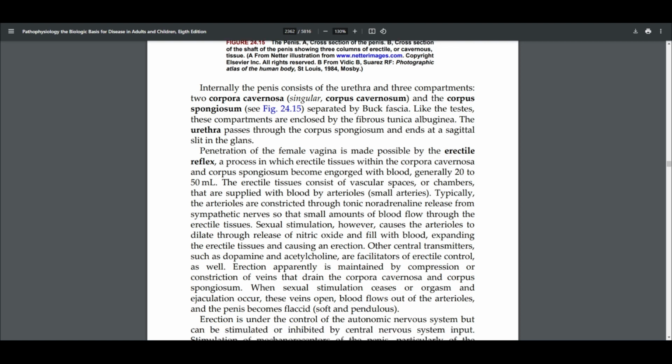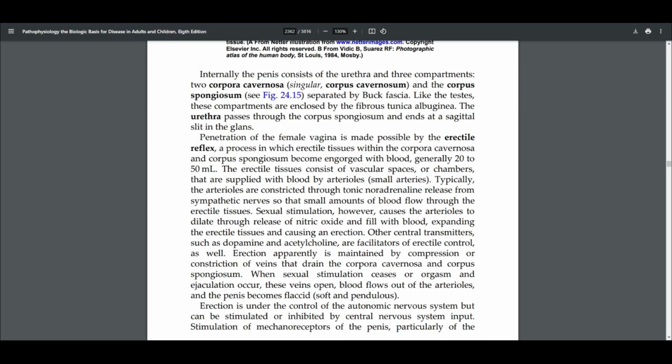Typically, arterioles are constricted through tonic noradrenaline release from the sympathetic nerves, so that small amounts of blood flow through the erectile tissue. Sexual stimulation, however, causes the arterioles to dilate through release of nitric oxide and fill with blood, expanding the erectile tissues and causing an erection.